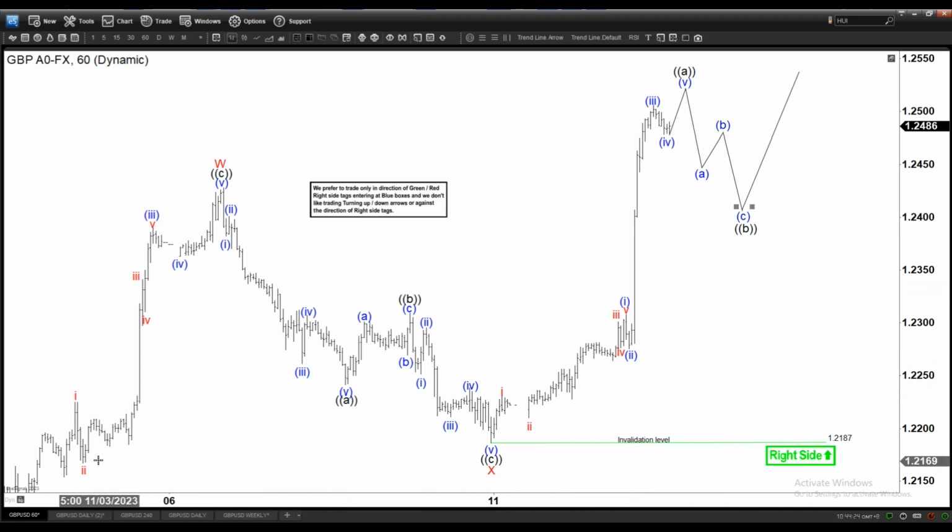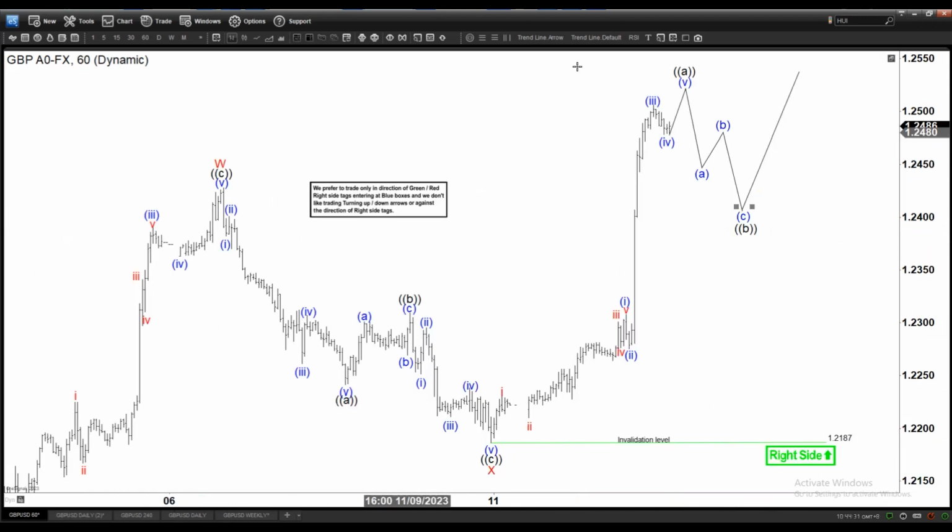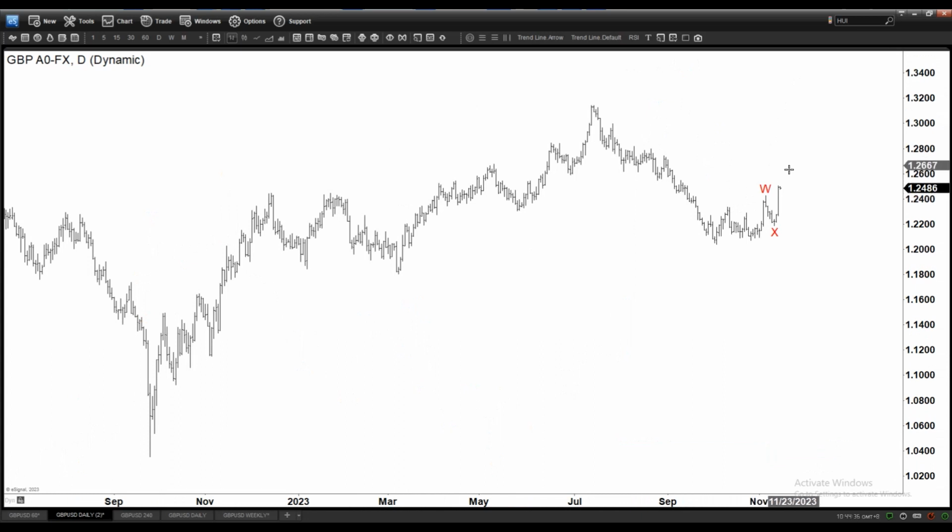Now, if we go back to the daily time frame and consider this WX, as you know, WX basically is a double zigzag. So that means we are ending A here. Just to give you a visual idea, in the larger time frame you are going to be doing another ABC, and that will be ending the Y. And then technically after that, because of the nature of WXY, it can do this.